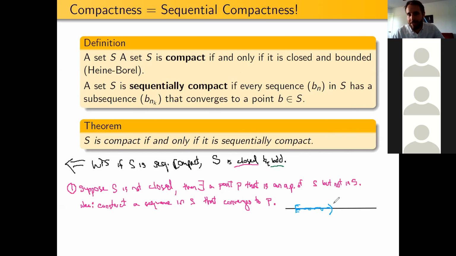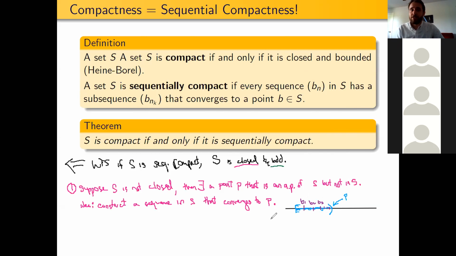It has at least one point that is an accumulation point but is not in the set itself. That can be our point P. Then I'll construct a sequence in S that converges to P. Maybe this is b sub 1, b sub 2, b sub 3, and 4, 5, and so on, getting closer and closer to P without actually touching P. So this sequence will converge to P, despite living entirely in S.